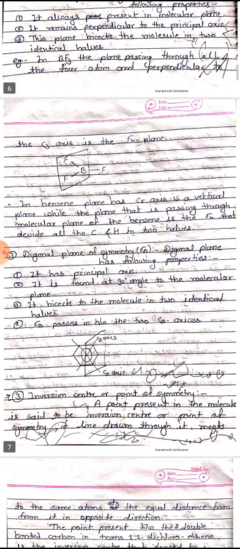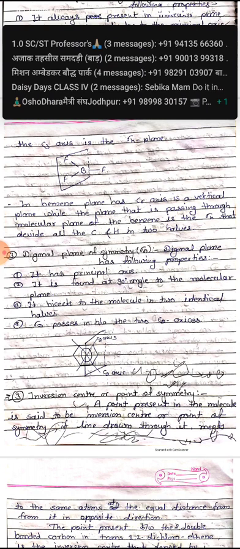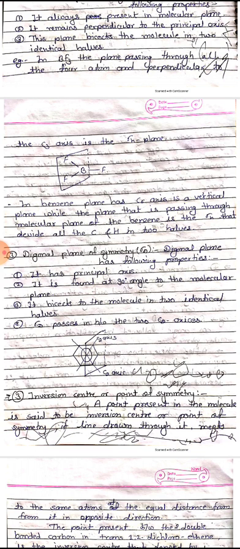Thus, we can explain the sigma d plane with the help of an example: the sigma d plane present in allene, the simple molecule CH2=C=CH2. In allene, the diagonal plane, the sigma d plane, is present.